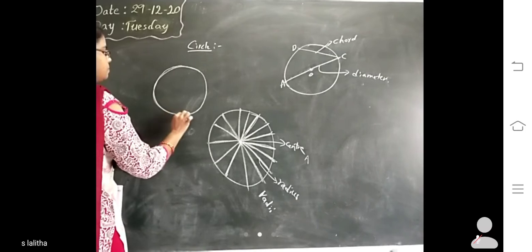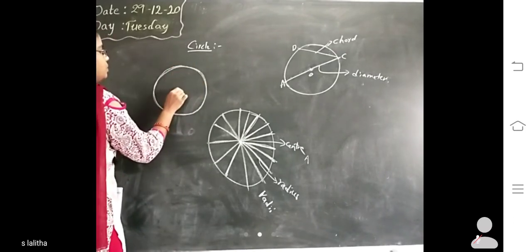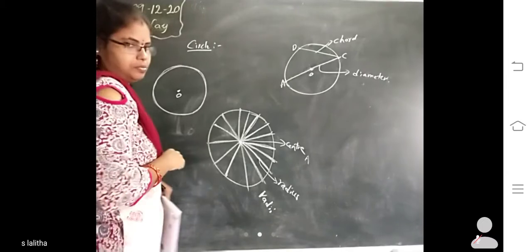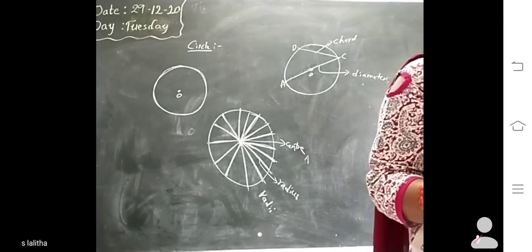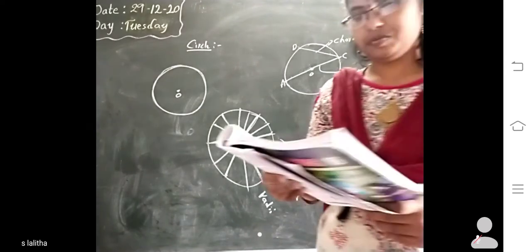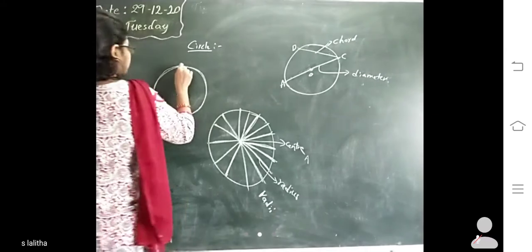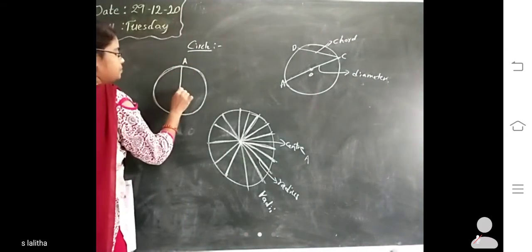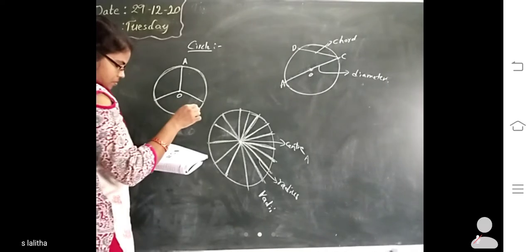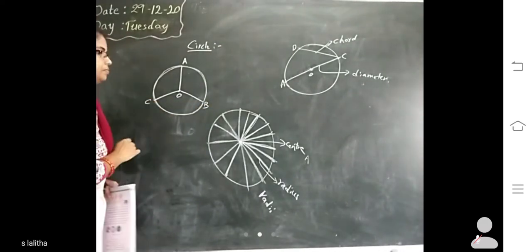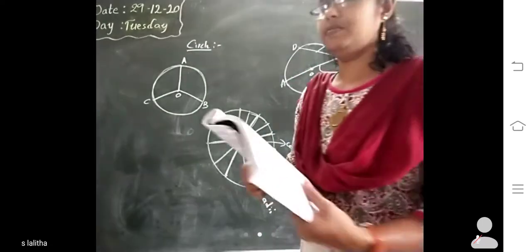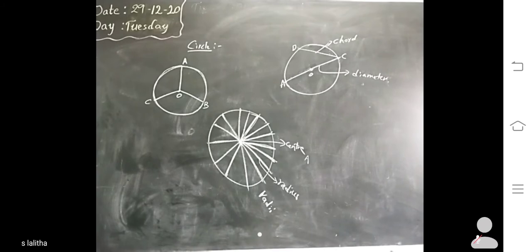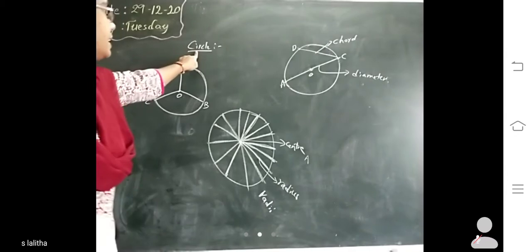Draw a circle, and here put the center O, and A, B, C. Put the heading Circle and draw this circle.